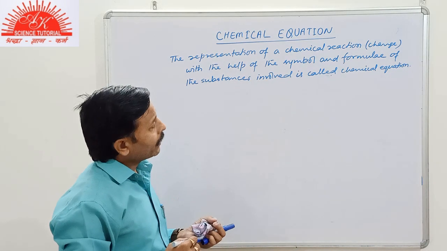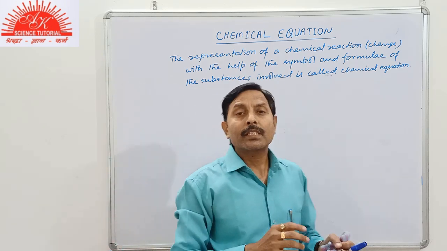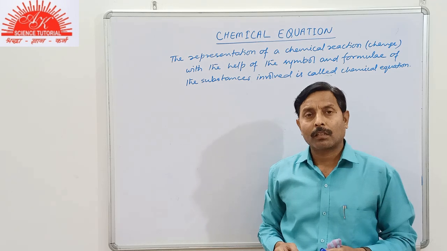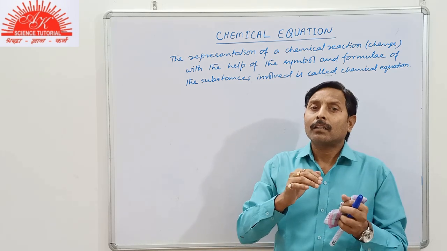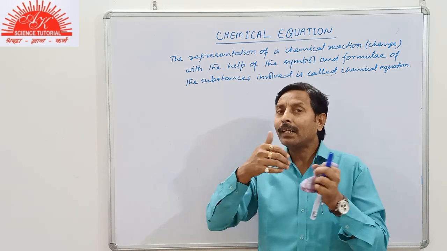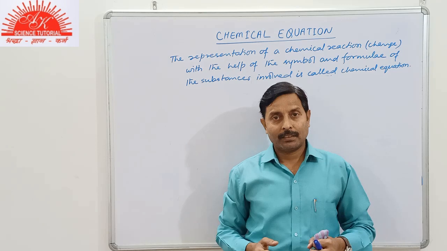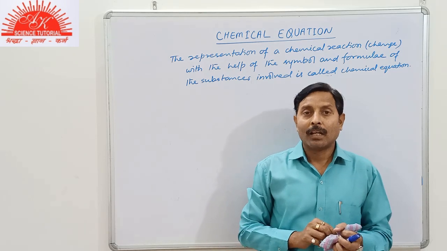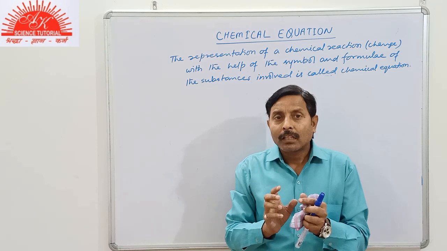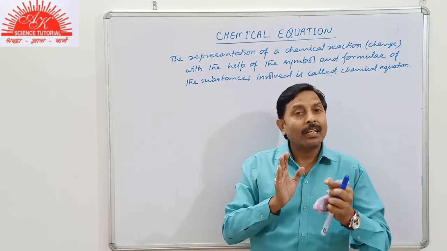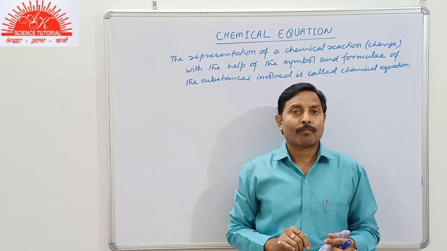Now you see that there are some substances which take part in the reaction. They are called reactants, and the substances which are obtained at the end of the reaction are known as products. Now students, while writing a chemical equation, we write the reactants on the left side separated by plus sign.